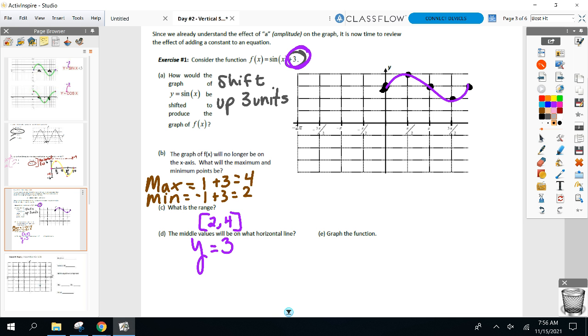At negative pi over 2, where do you think it's going to be? It's going to go down to the minimum, so 2. I'm sorry, negative 2. Just think about it. It's going to repeat itself. Where do you think it's going next? 3, or negative 3, or back to 0?